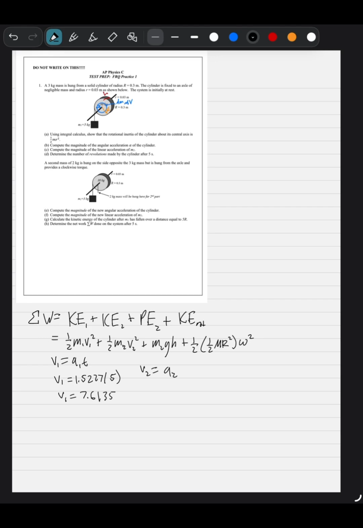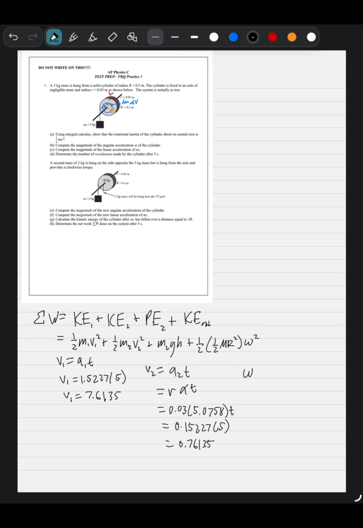So our acceleration can also be rewritten as little r and alpha. Little r is 0.03 and alpha is 5.0758. And that'll give us 0.15227, and then times the time, which is 5 seconds. That'll be 0.76135.